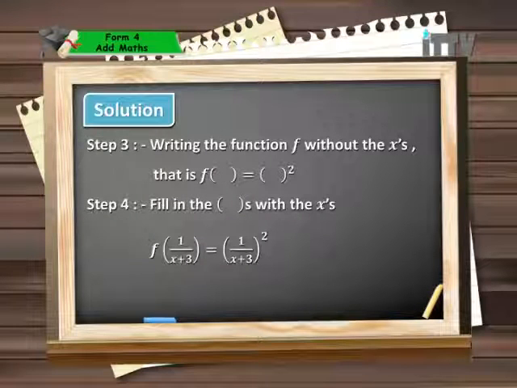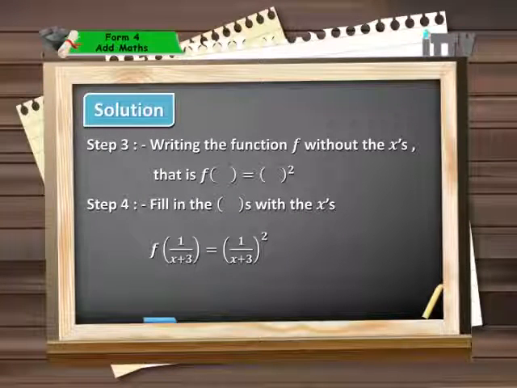Moving along, the third step would be to write the function f without any x's first, and that is to say, just prepare brackets for wherever there is supposed to be the x term. So f of bracket equals bracket squared. Why is that so? Because the function of x is actually x squared. Therefore, it now allows us to fill in the brackets with the proper x that we were using.